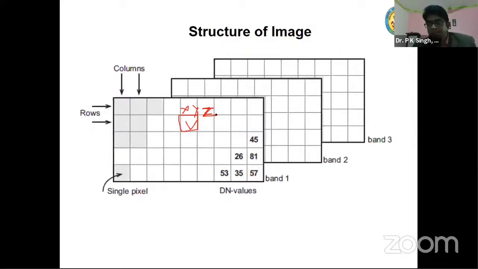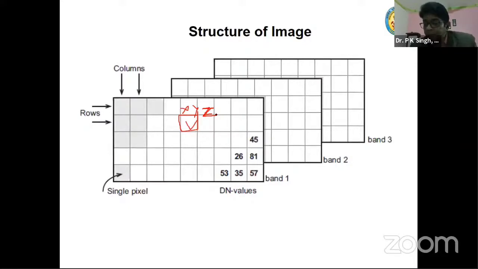If the sensor has recorded some energy from the ground surface, that amount of energy is written in the form of some calibrated number, because the computer writes only 0 and 1 binary numbers. So the whole thing has to be written in the form of binary numbers.